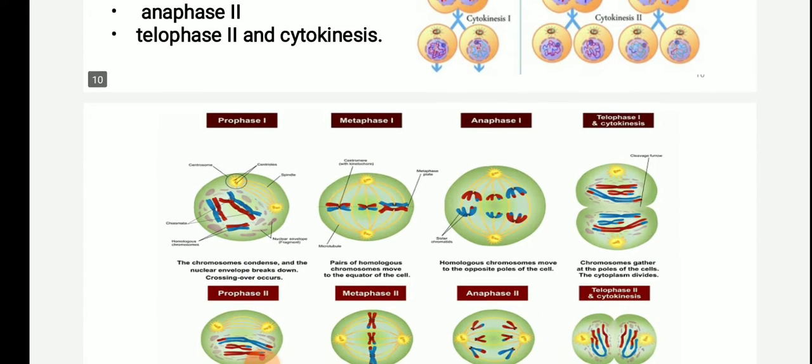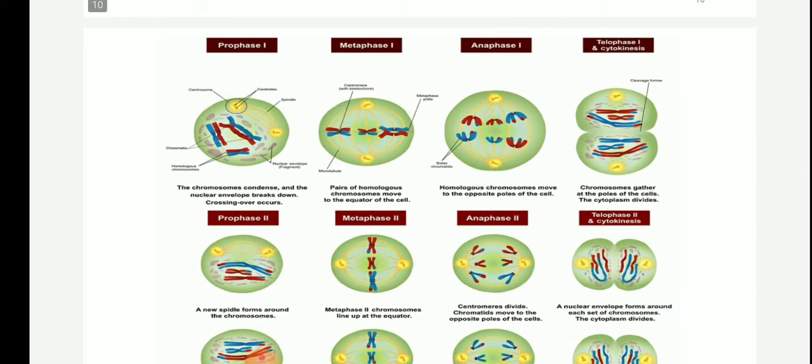So pollen mother cells will undergo meiosis 1 and meiosis 2. In prophase 1, there is leptotene, zygotene, pachytene, diplotene and diakinesis, which will be followed by meiosis 2. Meiosis 1 is the reduction division. Meiosis 2 is nothing but mitosis.